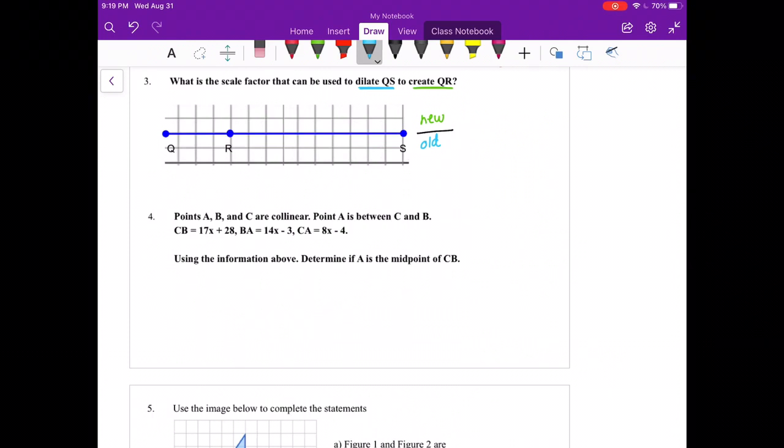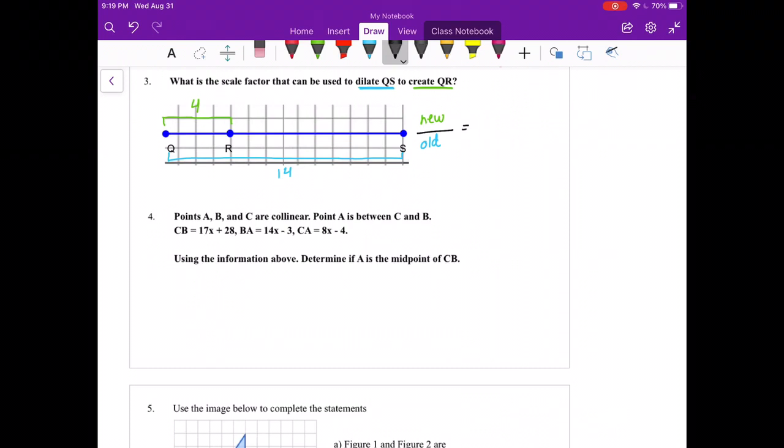We can find the length of each segment by counting the boxes. So if we count all of the boxes from Q to S, we'll have 14. If we do the same thing with Q and R, we have 4 boxes.